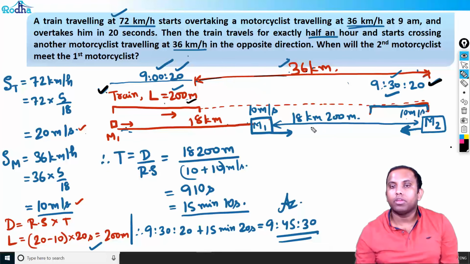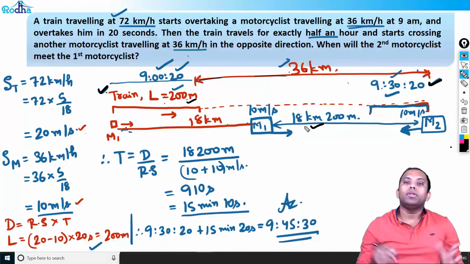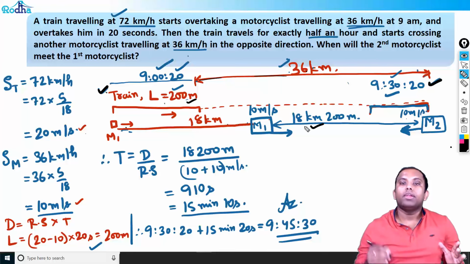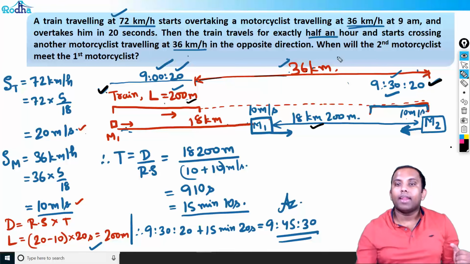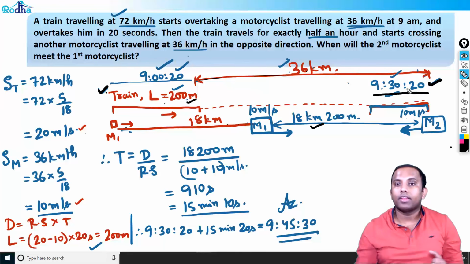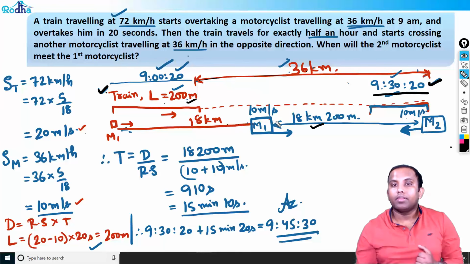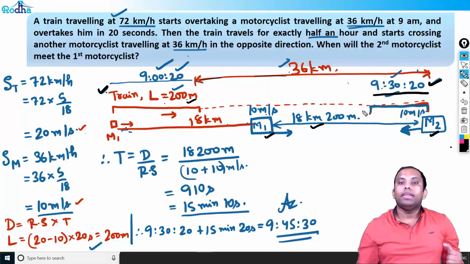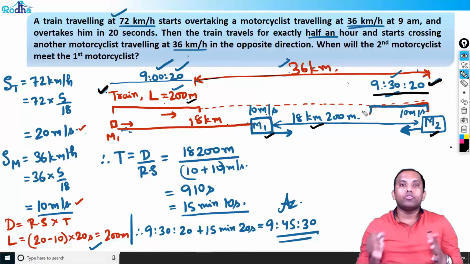This distance left is 18 kilometers and 200 meters, right? At 30 minutes past 9 and 20 seconds, M1 is here at this point, M2 is here at this point. The speed of both is 10 meters per second, and the distance between them is 18,200 meters.